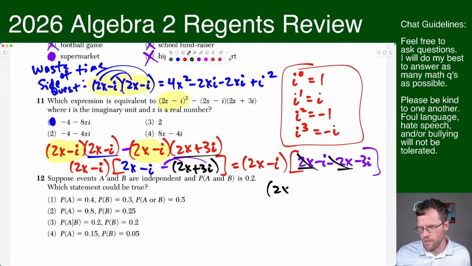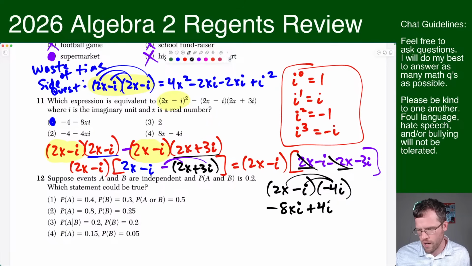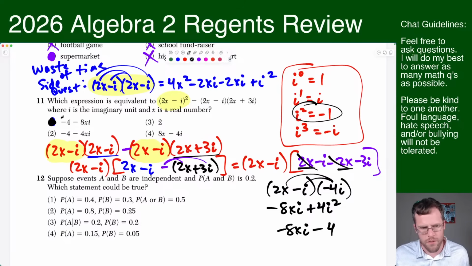So now you get 2x minus i from here times minus i minus 3i, which is minus 4i. Then distribute: minus 4i times 2x is minus 8xi, and then we get plus 4i squared. But i squared is still negative 1, so we get minus 8xi minus 4. Same answer, choice 1.